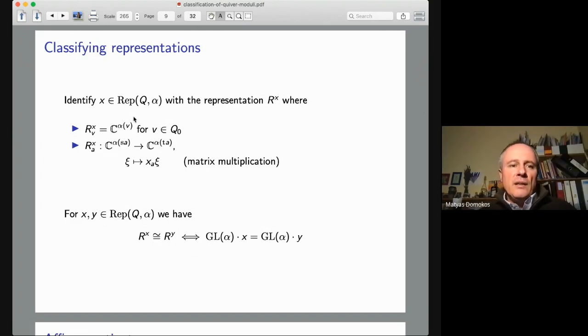We take just the vector space of column vectors of length alpha of V. This is the vector space associated to the vertex V, and the linear map associated to the arrow A is just multiplication by the matrix component of X associated to the arrow A.